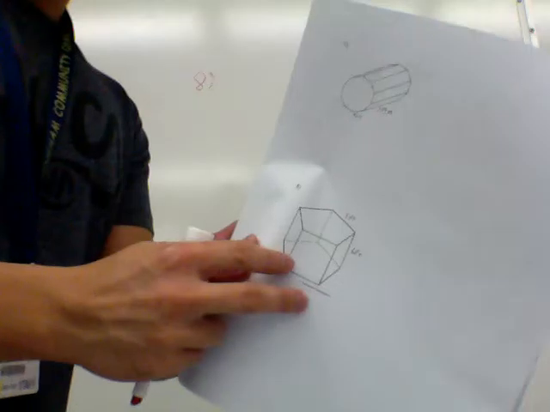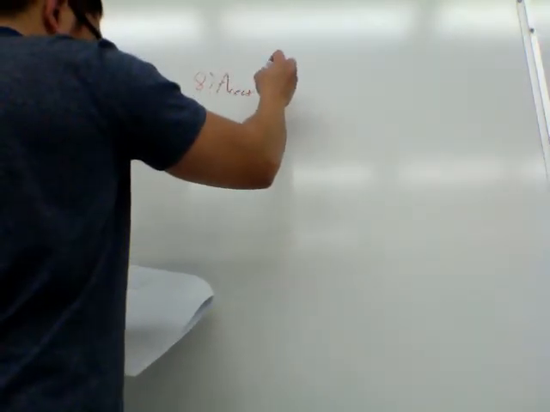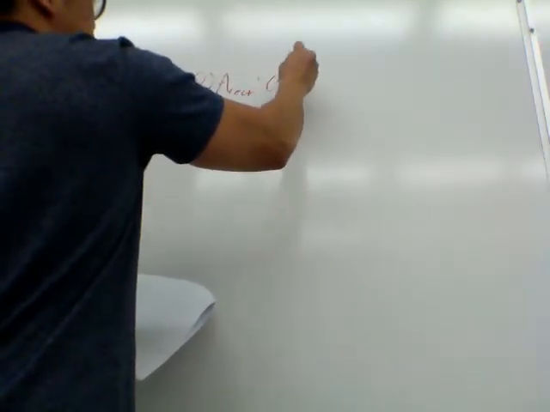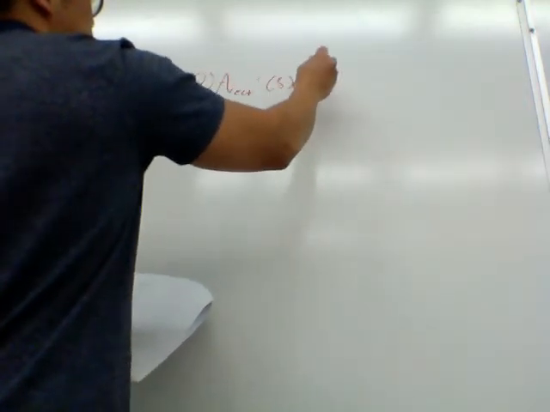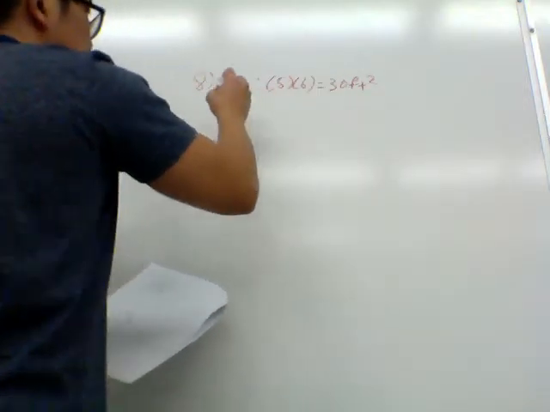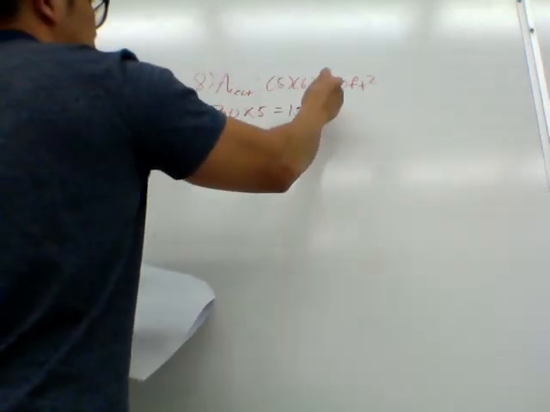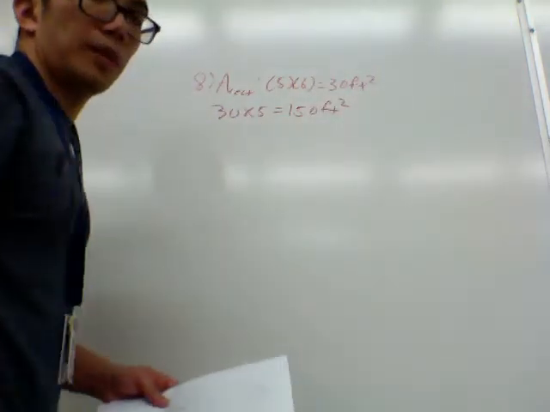Okay, and so if I look at that pentagonal prism, I see that I will have 5 rectangles going around. So the area of the rectangle is going to be 5 times 6, and that will equal 30 feet squared. However, since I have 5 of them, 30 times 5 is 150 feet squared.